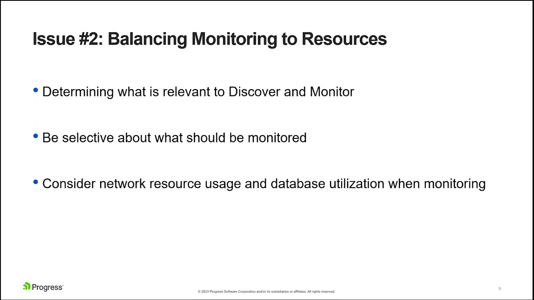So making that determination first, map it out, and then run your discovery and test your results. Be selective about what you monitor. This goes back to a case where we had a customer that was basically alerting on everything in their network, and it caused, I want to say, 50,000 emails to go out and basically knocked the Exchange server offline.